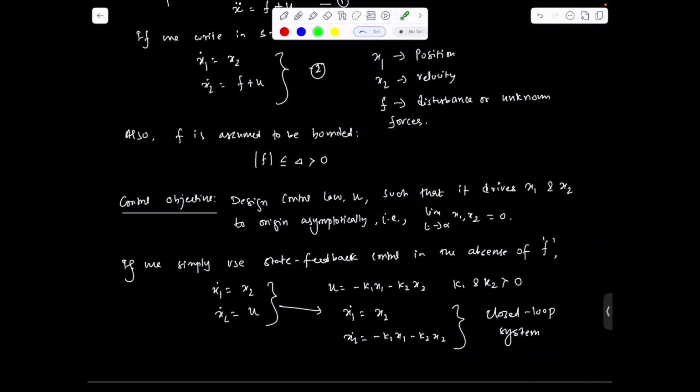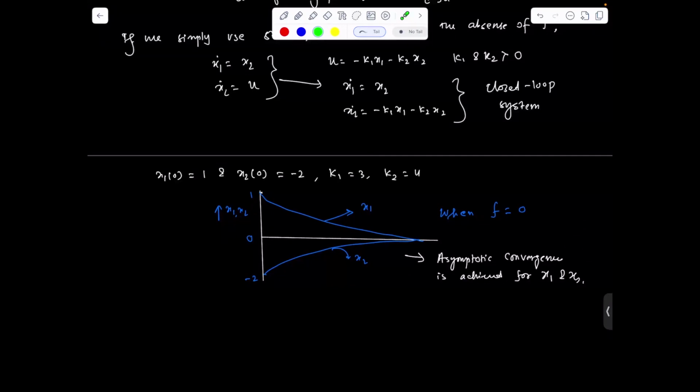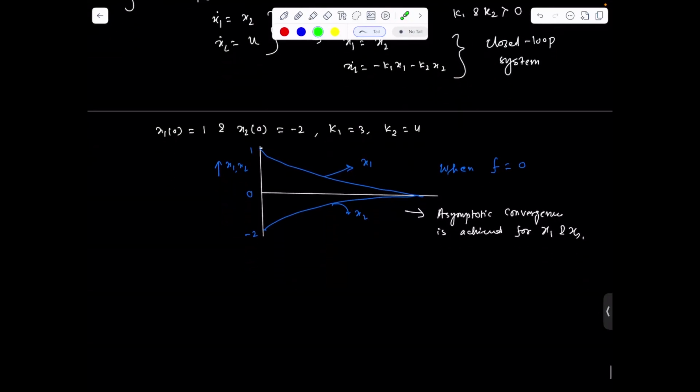Because in this MATLAB code, we have not considered f, the nonlinear function, in the system. Now we'll consider the nonlinear function and see the result again.